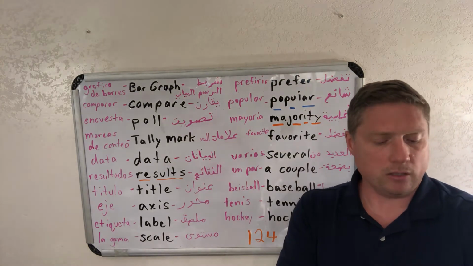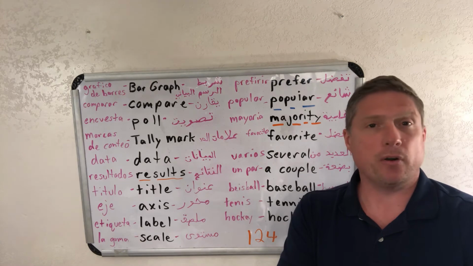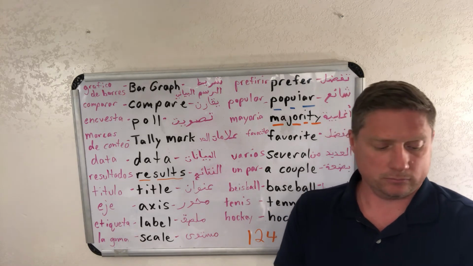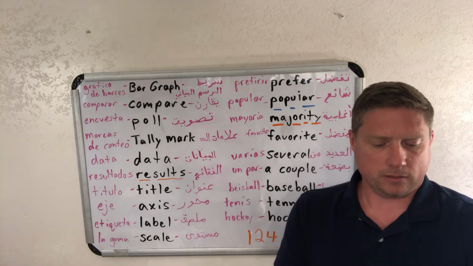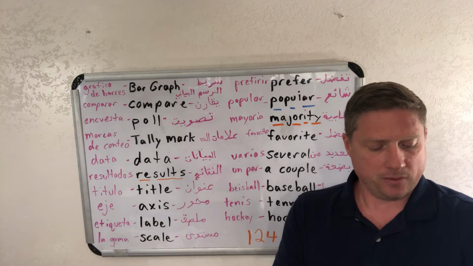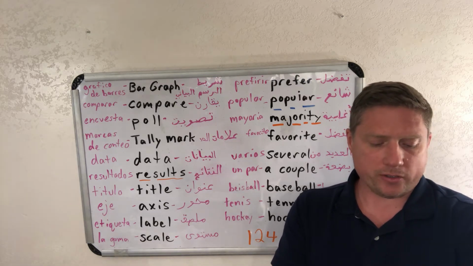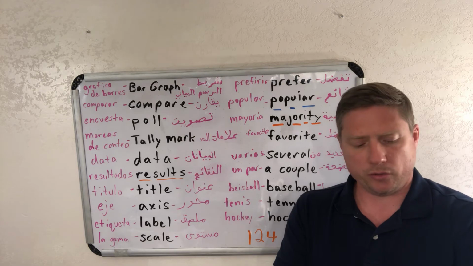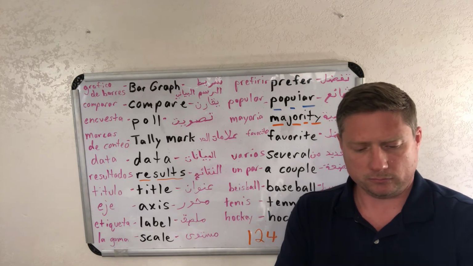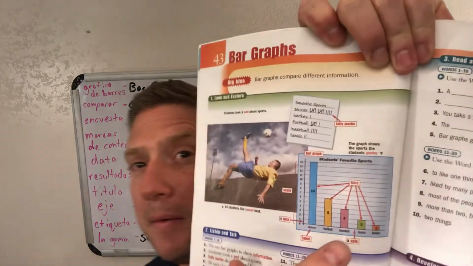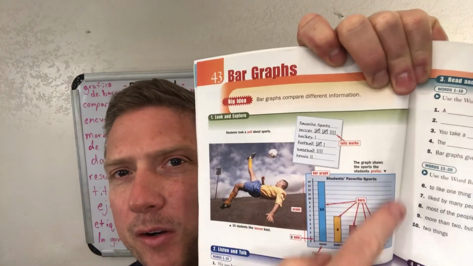9. The scale lists the exact number of students. 10. The bars stand for the numbers of students. So here's our bar graph.